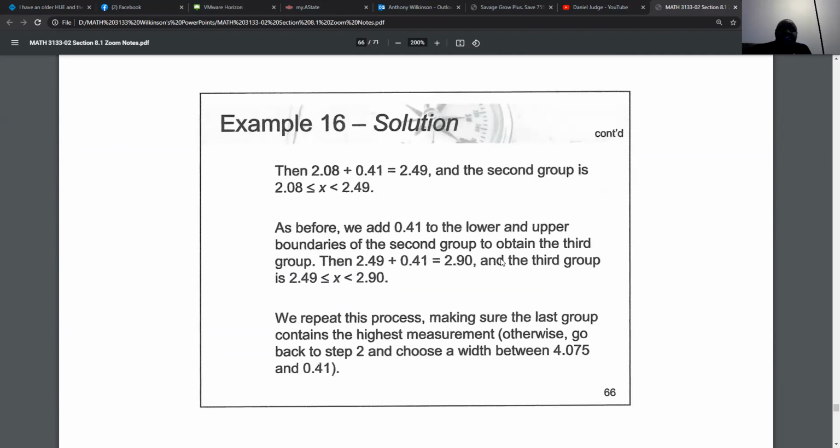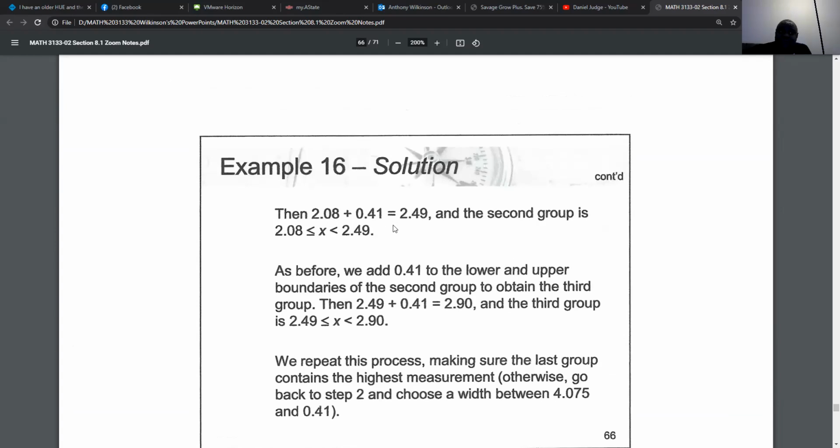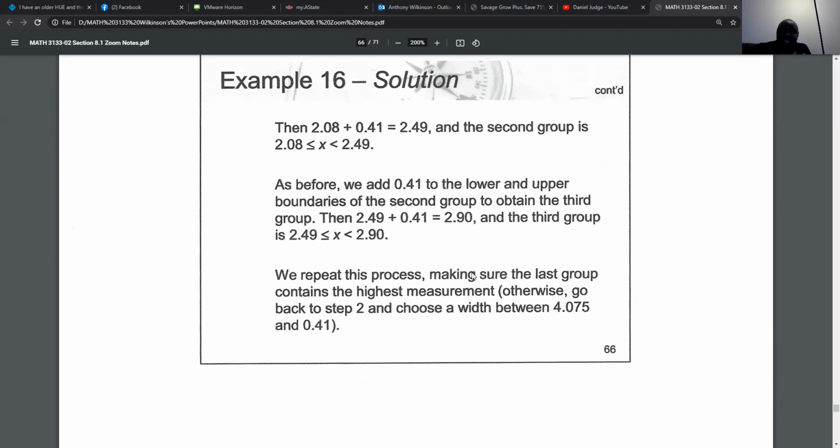In this case, 2.08 plus 0.41 gives you 2.49. That means your second group contains values greater than or equal to 2.08 and less than 2.49. It does not include 2.49 because of the less than. As before, we add 0.41 to the lower and upper boundaries of the second group to obtain the third group.